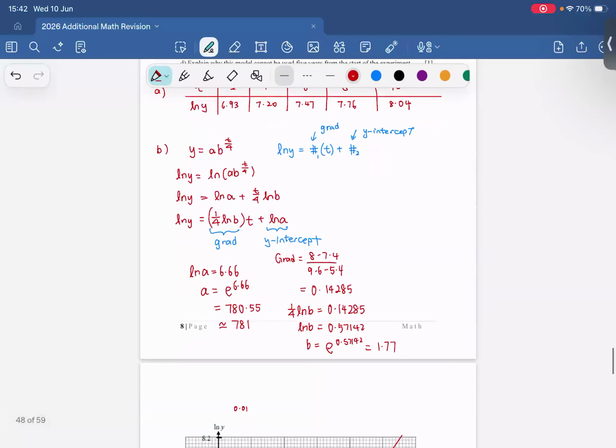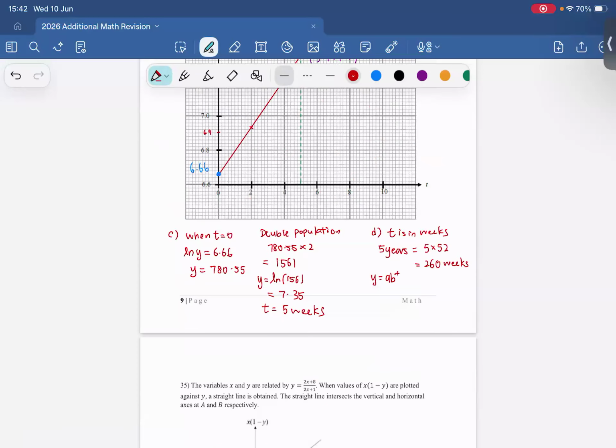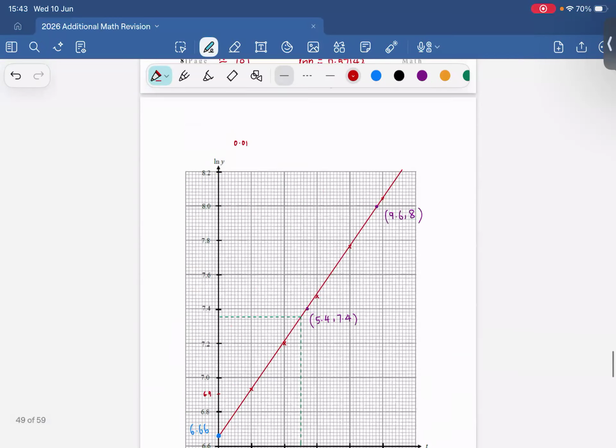Why? Because you can see the equation is y equals ab power t. So as t becomes very large, b power t will go to very large also. Huh, shouldn't explain like that.